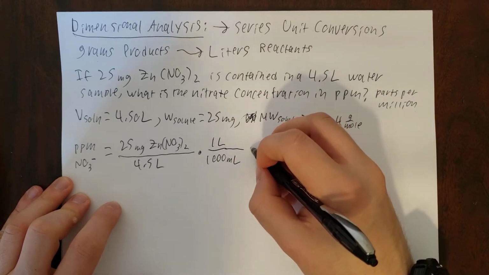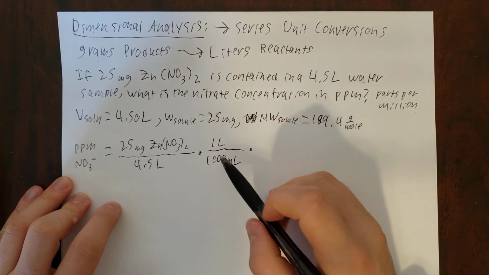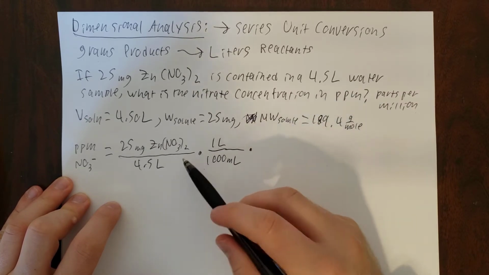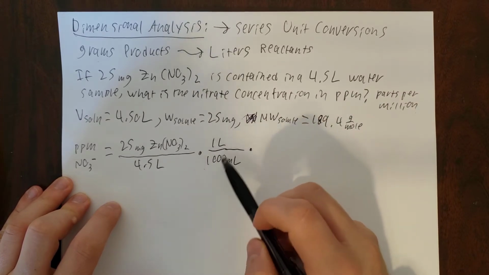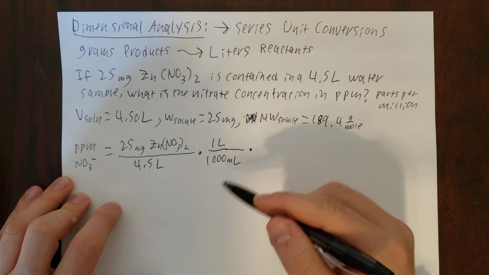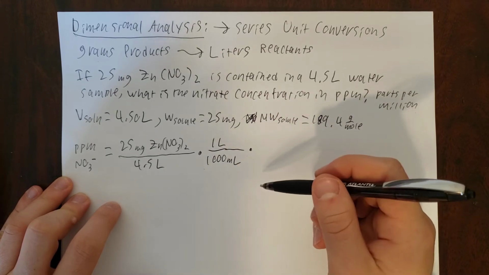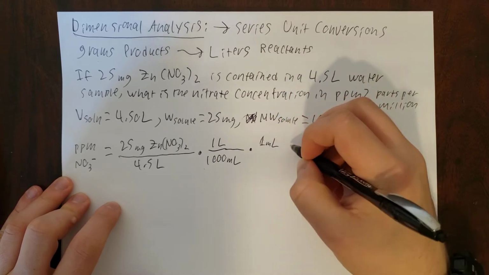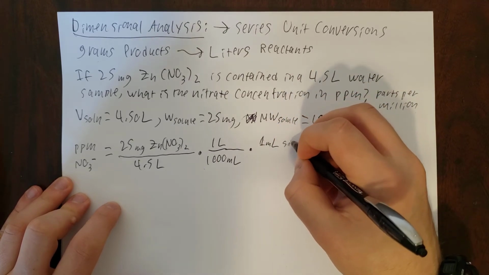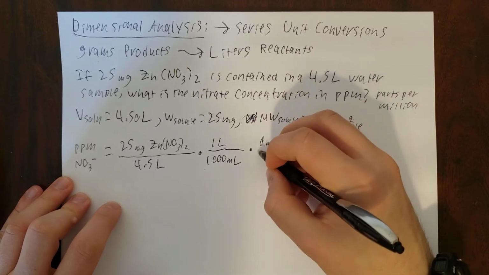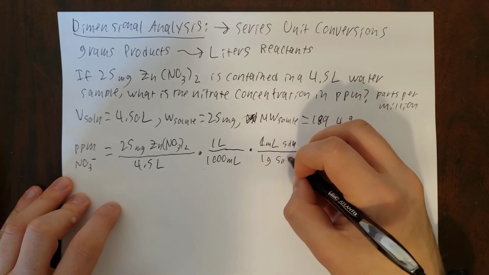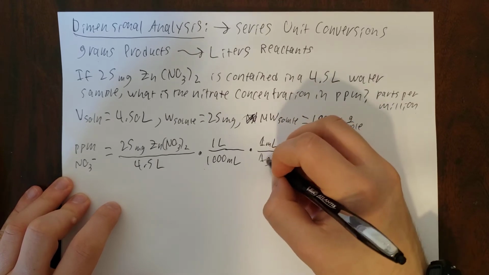And then we need this because if we assume the density of this solution to basically just be the density of water, we can say that 1 milliliter of solution per 1 gram of solution.